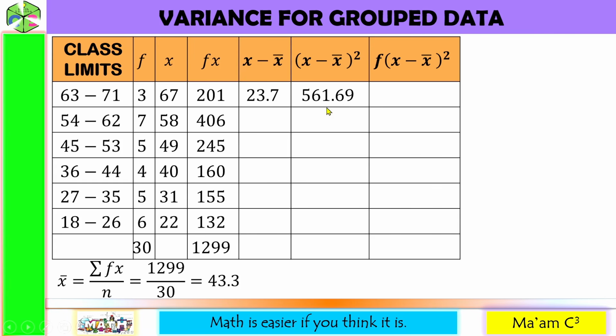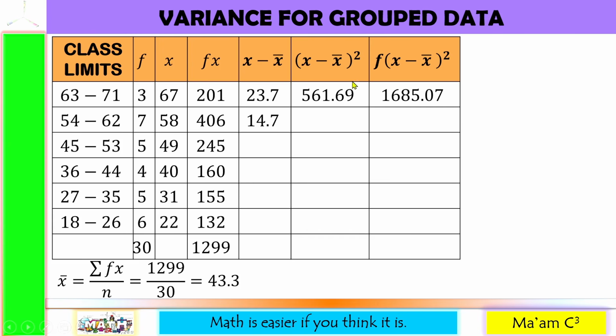And then whatever is our answer here, we simply multiply with its corresponding frequency. So 3 times 561.69 is 1,685.07. Next row, our x is 58 minus 43.3 is 14.7.